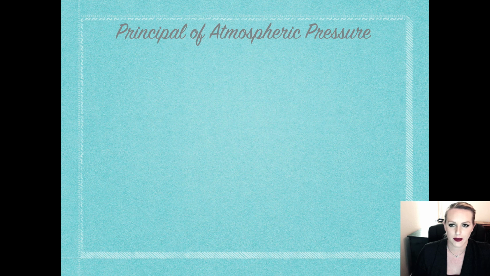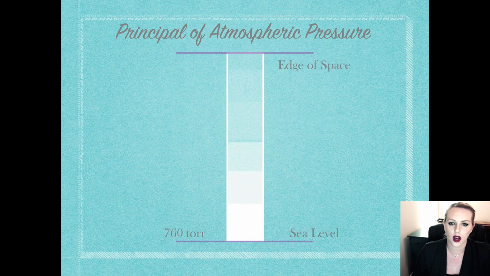Principles of atmospheric pressure. So, a 1 square inch column extending from sea level to the edge of space is 1 atmosphere. 1 atmosphere weighs 14.7 pounds or 760 torr, and torr is millimeters of mercury.